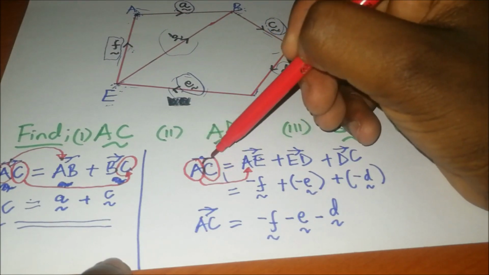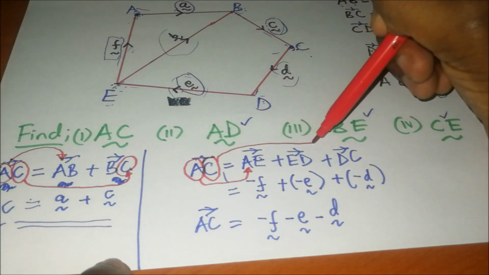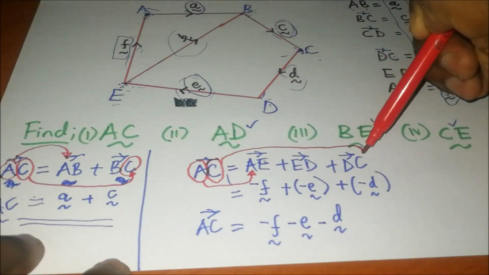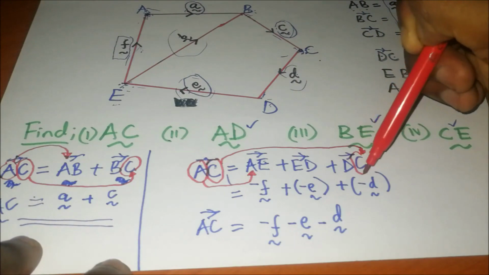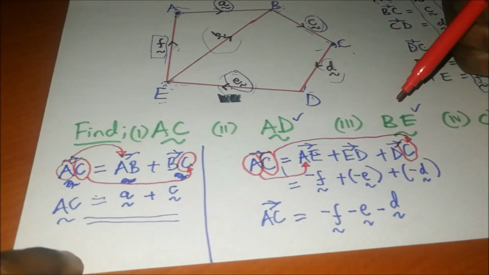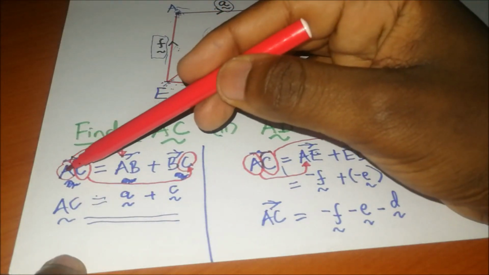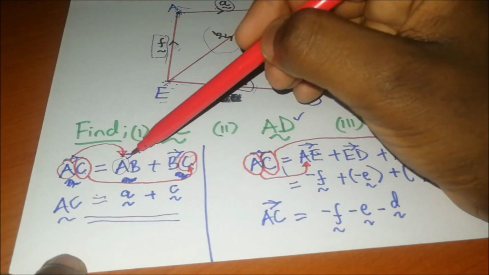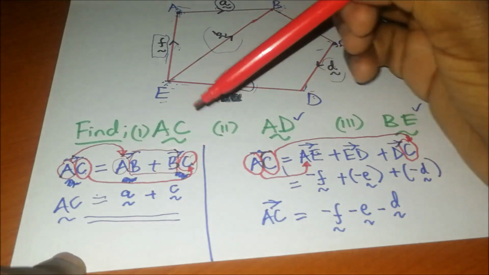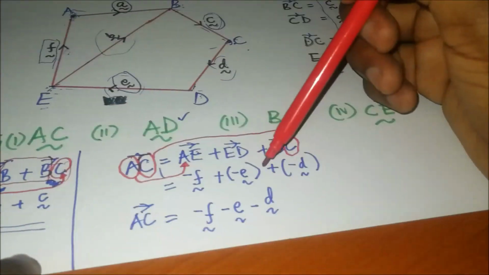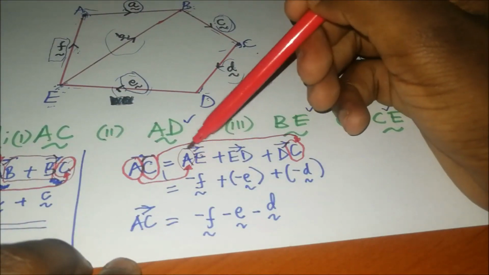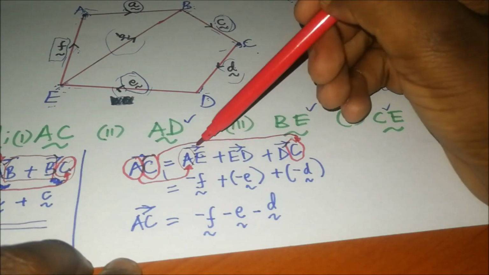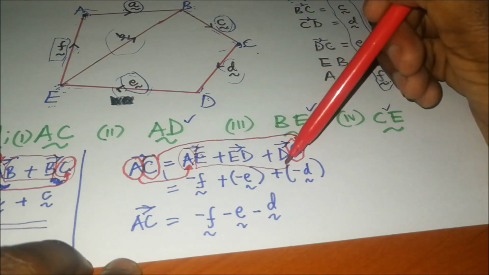C is the last letter here, and C so happens to be the last letter of my working right here. So in other words, it's important that if you're talking about SC, A should be the first one and C should be the last one. Whatever is in the middle should be continuous.